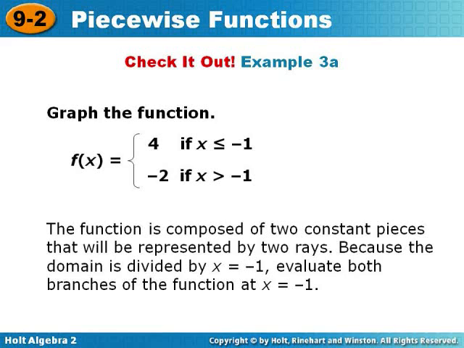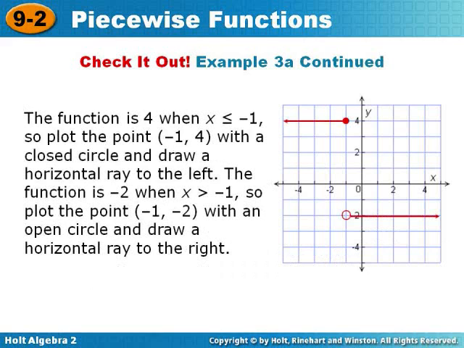You put an open circle, and since x is greater than, then the ray will go to the right. Take a look at the drawing here. A closed circle at negative 1, comma 4, ray going to the left. An open circle at negative 1, comma negative 2, with a ray going to the right.